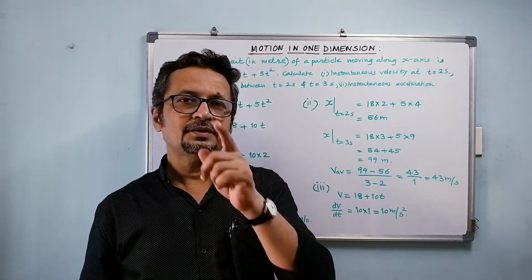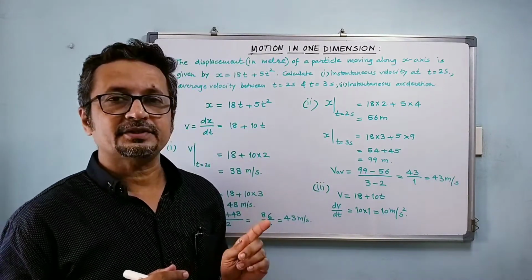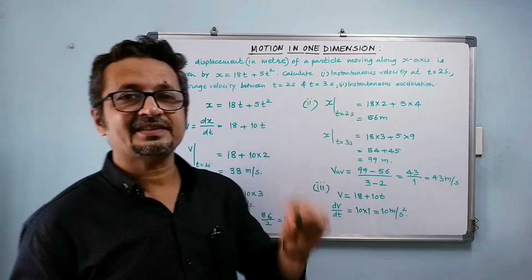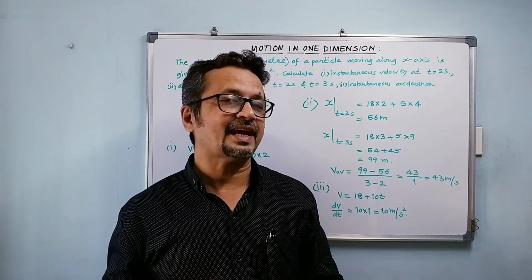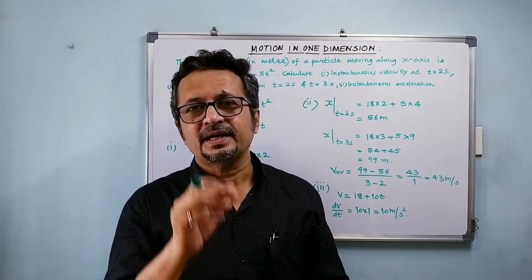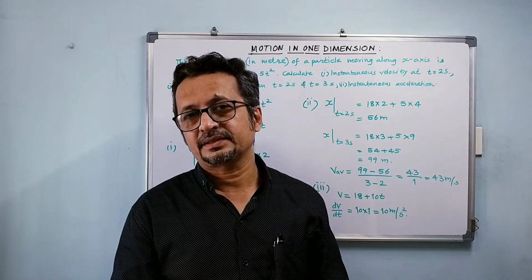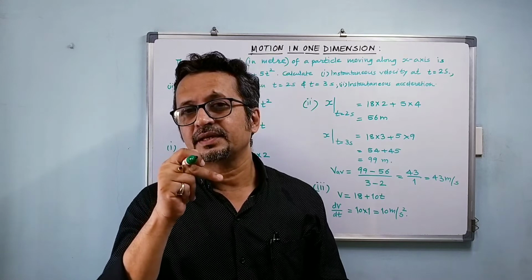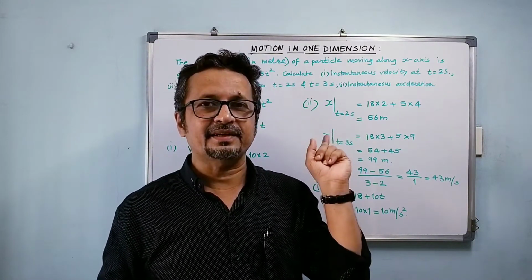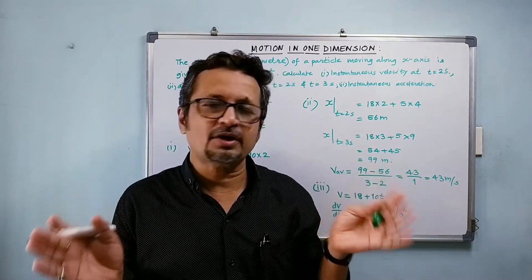Now there is one thing to be noted here. My acceleration is constant. They have asked what the instantaneous acceleration is. When they say instantaneous acceleration, it should be acceleration at some particular instant. Surprisingly, they have not specified any instant, because they already knew that my acceleration is going to be constant.